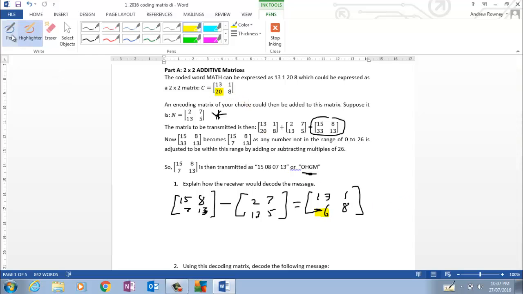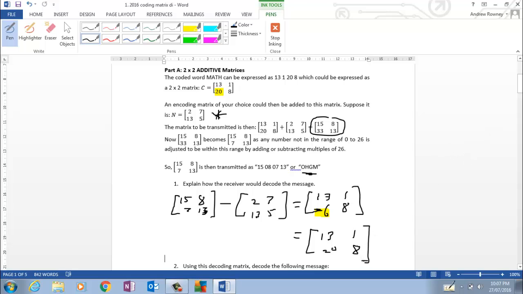So the receiver would see that minus 6 lies outside the alphabet, 1 to 26, so they have to add on a multiple of 26 to get it in. So if you add on 26 to that, then you'll actually get the original message, 13, 1, 20, and that can be read off the alphabet as math.